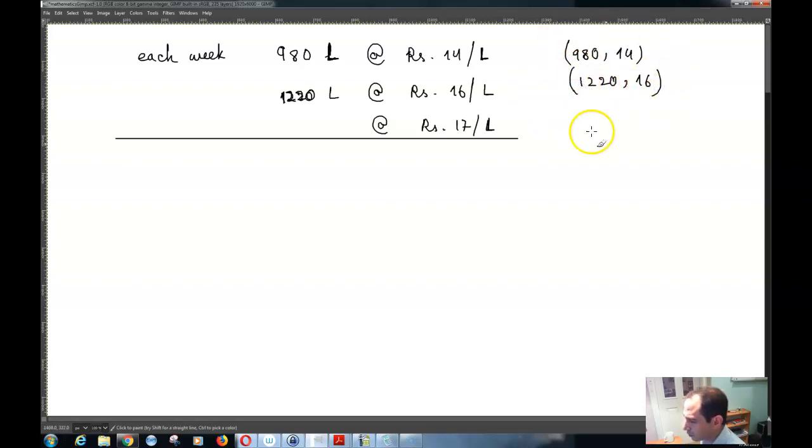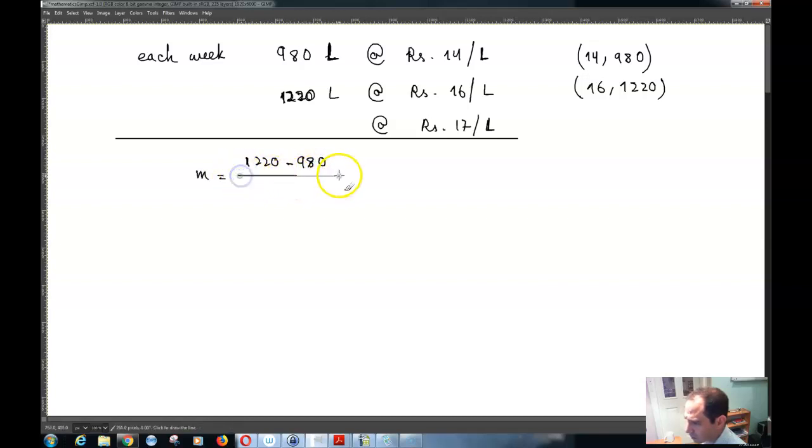And based on this, I will calculate some slope. So M is equal to, I take this as the output, so I'm going to take this as 14, 980, and I'm going to write this as 16, 1220, and then I can write 1220 minus 980.